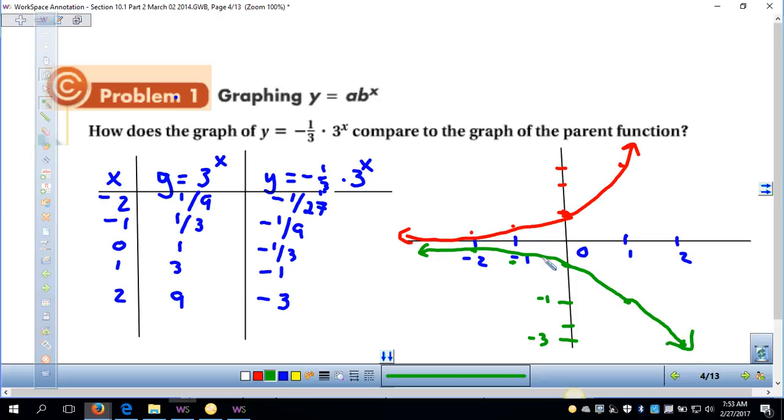The red graph is our 3 to the x, and the green graph is our negative 1/3 times 3 to the x. There's a stretch factor of 1/3 that makes it less steep, and then there's a reflection over the x-axis. So it's not to scale, but you can at least see how the reflection occurs and how the stretch factor occurs. Okay?